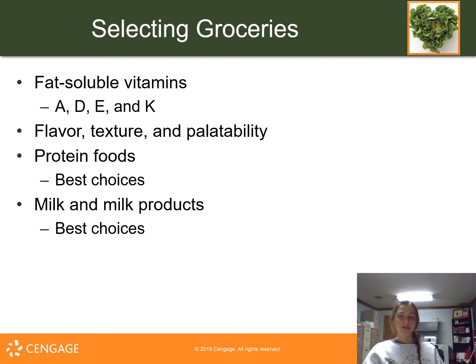Leaner meat alternatives would be seafood, poultry, chicken, turkey, and soy, as well as milk and milk products. The best choices for those are the fat-free and low-fat milks and dairy products.